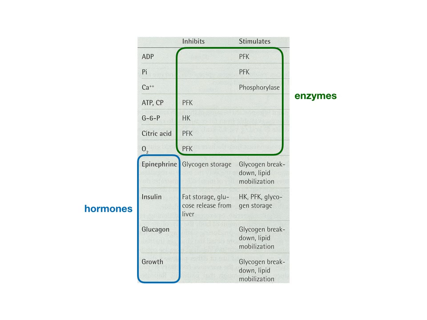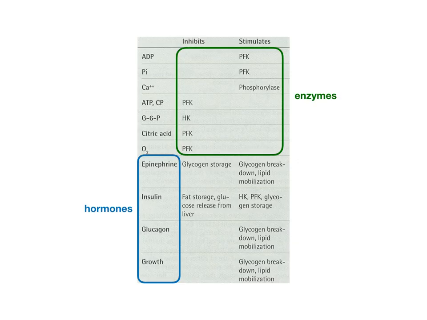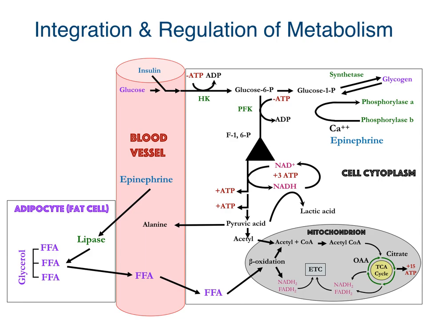What's really important for you is to identify epinephrine and insulin. We can see those popping around here, but we'll get back to those later in this video. So let's get rid of that chart. Cleans it up a little bit. So now we're just looking at the overall process of metabolism, including glycolysis, oxidation, and beta oxidation.